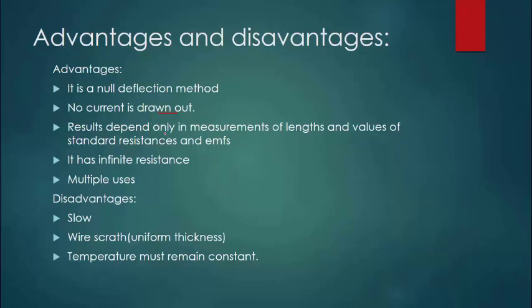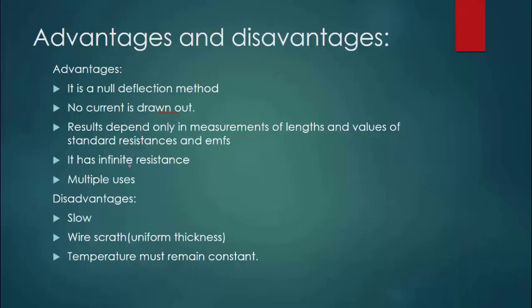Again, results depend only on measurements of length and values of standard resistances and EMF. It has infinite resistance, as I said, so no current is drawn out. You know, sifa za good voltmeter lazima iwe na infinite resistance, na sifa ya good ammeter lazima iwe na as low resistance as possible.